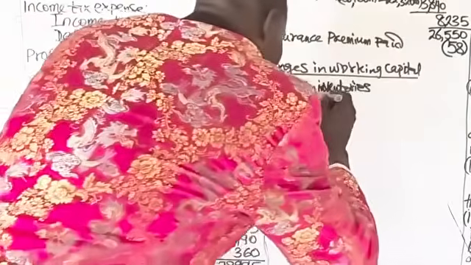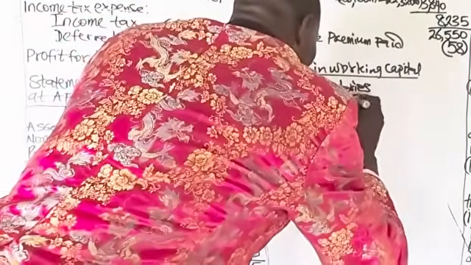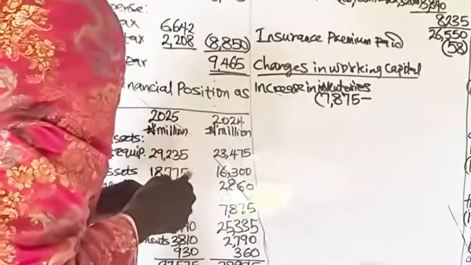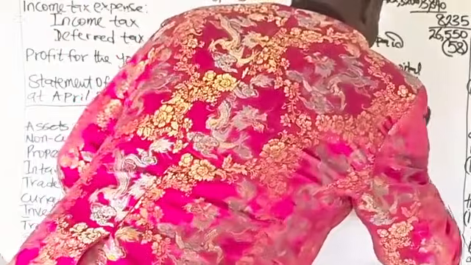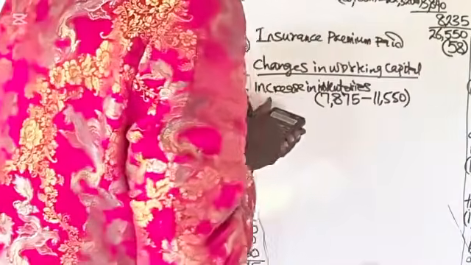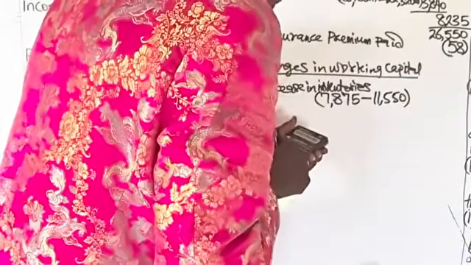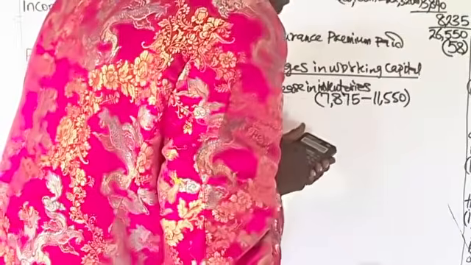2024, we have 7,875 minus that of 2025. The 2025 is 11,550. That of 2025 exceeds that of 2024. 7,875 minus 11,550.